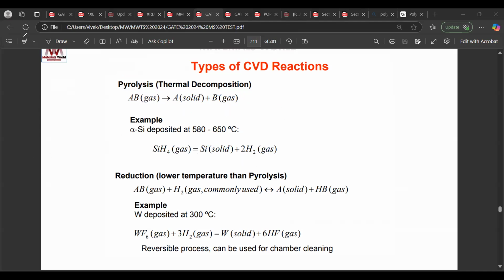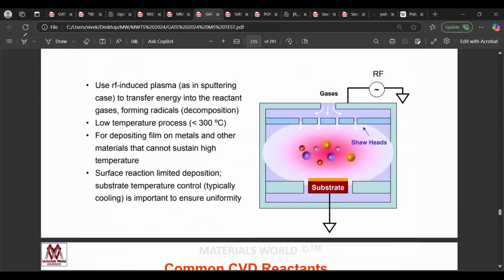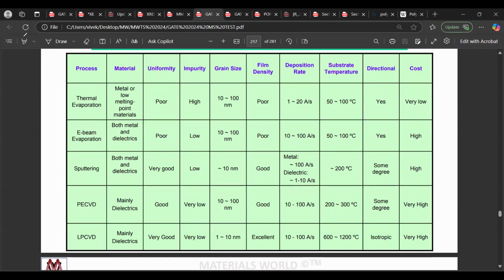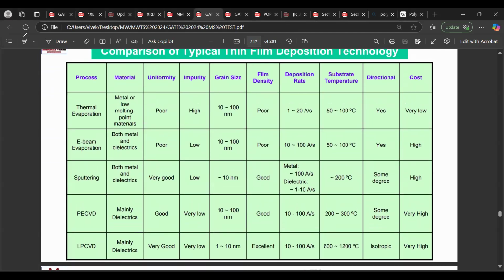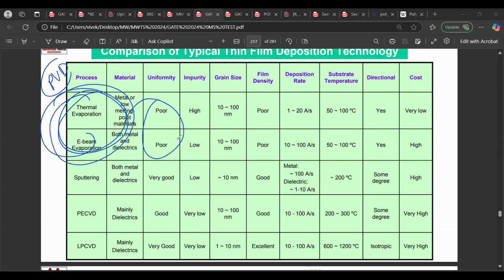Second thing is the quality of thin film. Usually in thermal PVD, the physical vapor deposition or thermal deposition, the quality is very poor. Density is also very poor. So by default, CVD will give good density, good hardness.